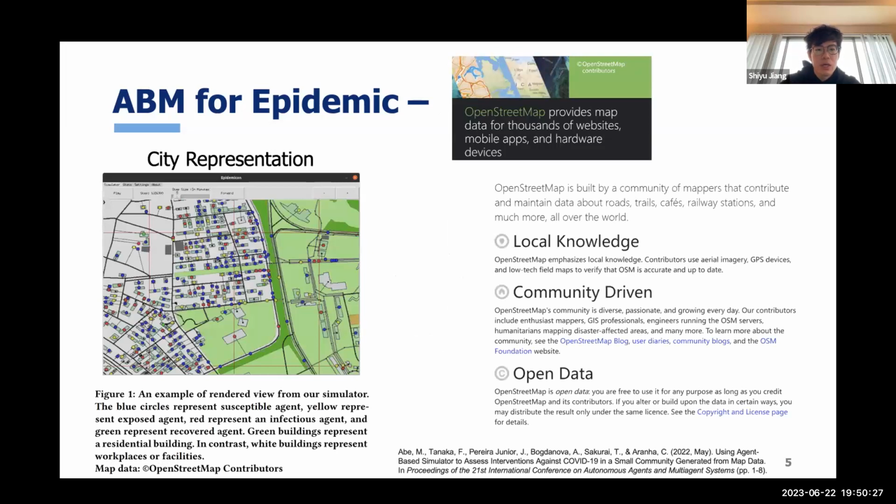Okay, so here is the first module, the city representation. We are building the simulator with OpenStreetMap. The geographical data that we obtained from this website is very real, from the real world.